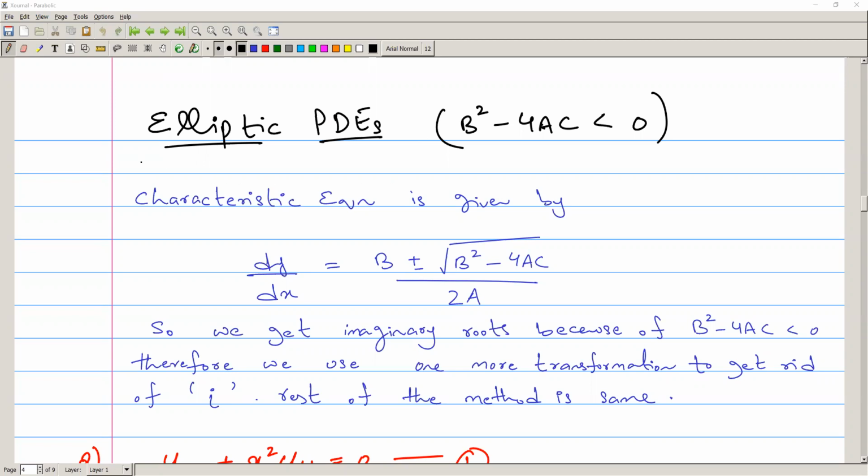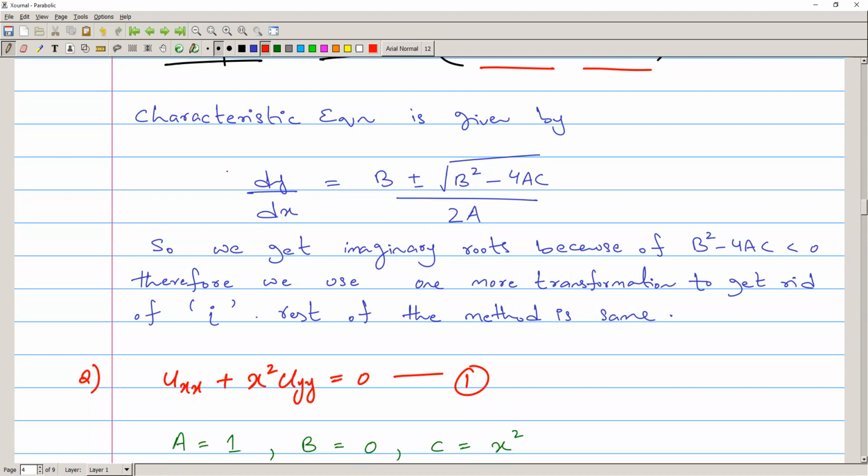In our previous classes, we discussed the canonical forms of parabolic and hyperbolic differential equations of second order. Now we are going to talk about elliptic equations. For elliptic equations, if the discriminant b squared minus 4ac is less than 0, then we call it an elliptic equation, and the characteristic equation is dy by dx equals b plus minus square root of b squared minus 4ac over 2a.